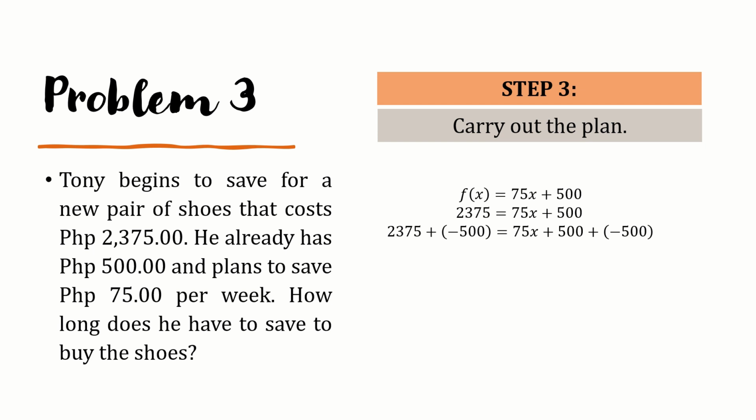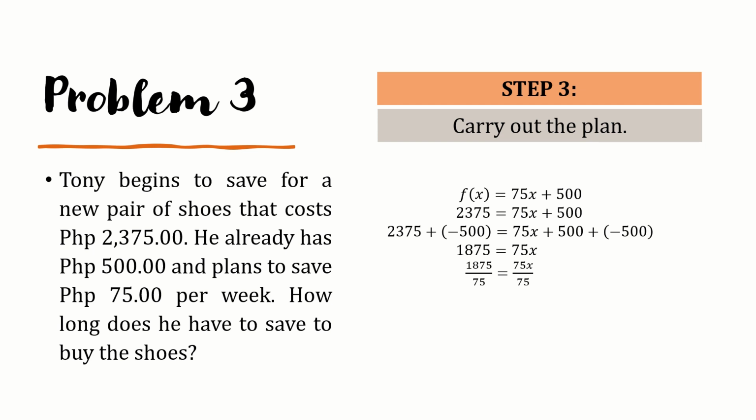We have 2,375 plus negative 500 equals 75x plus 500 minus 500. Then we have 1,875 equals 75x. As we continue to identify the value of x, we divide both sides by 75.